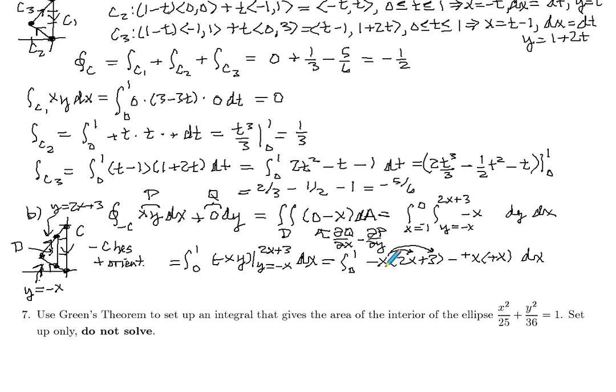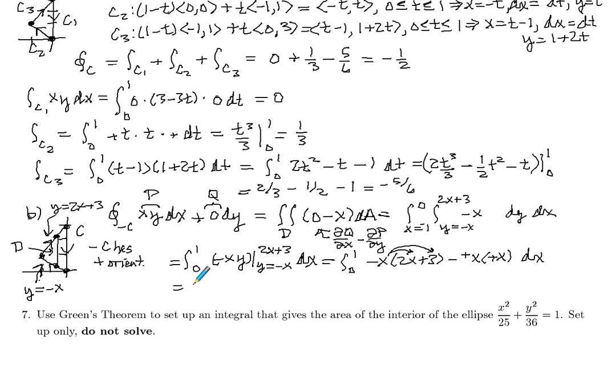Is that right? No, actually, I'm sorry. -2x squared, and then this is -x squared, which makes a -3x squared, and then here's a -3x.